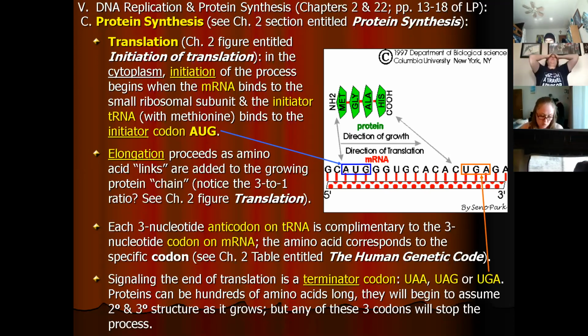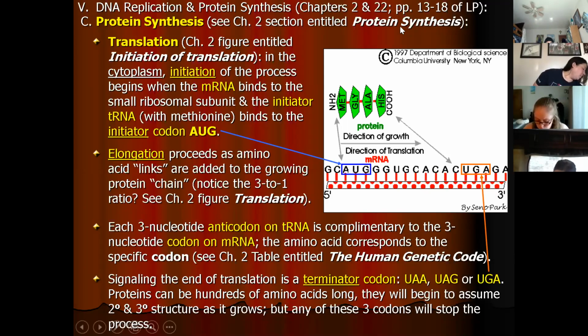Okay? But now we're going to go from a nucleotide sequence to an amino acid sequence. This is all in the cytoplasm. That's like a different language. That's translation. But translation is in 3 steps.